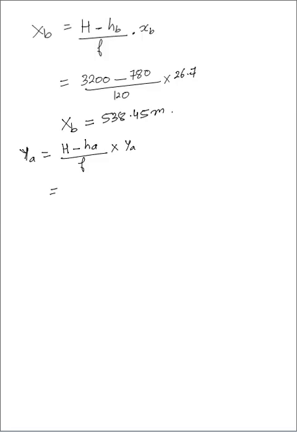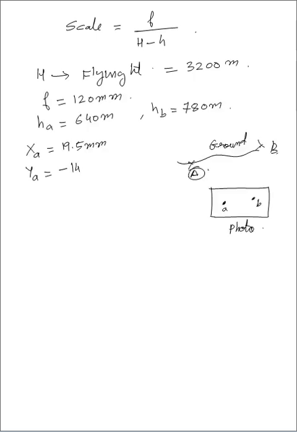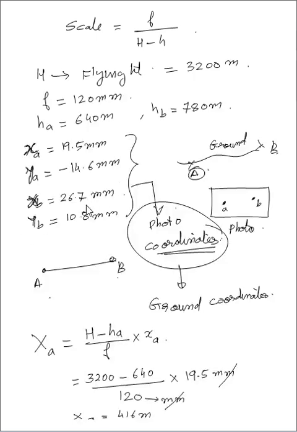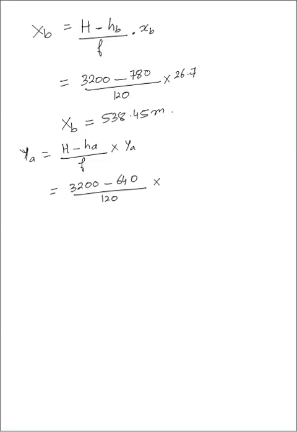So it is 3200 minus 640, because we know HA, divided by 120 mm, multiplied by the value of ya. You can go back and see the value of ya is minus 14.6. So substitute with the minus sign, and you will get a negative value. Calculate it. You will get minus 311.46 meter.